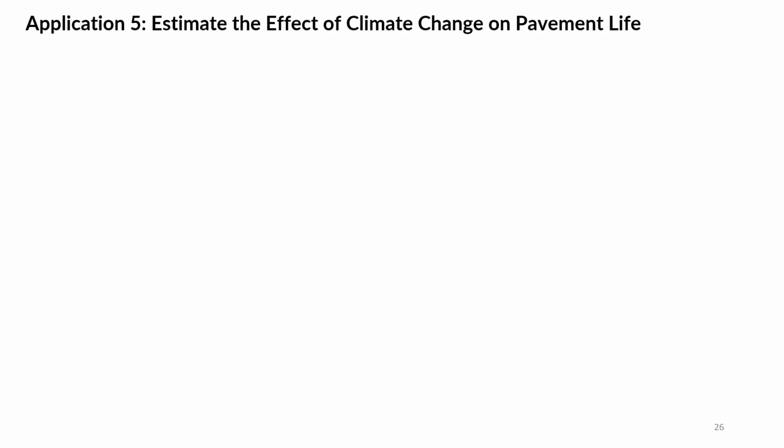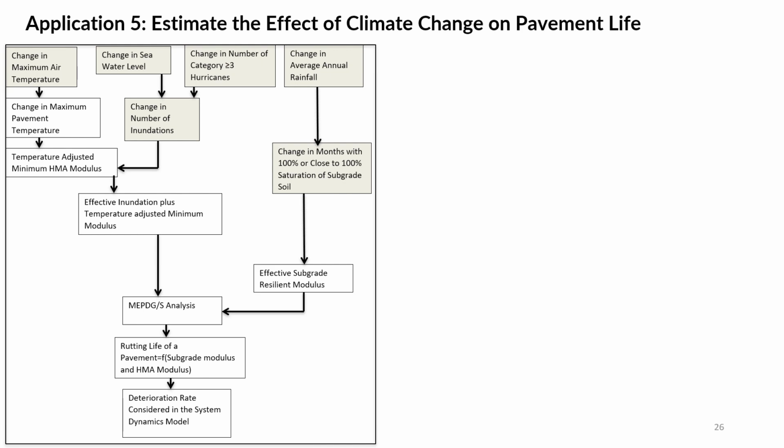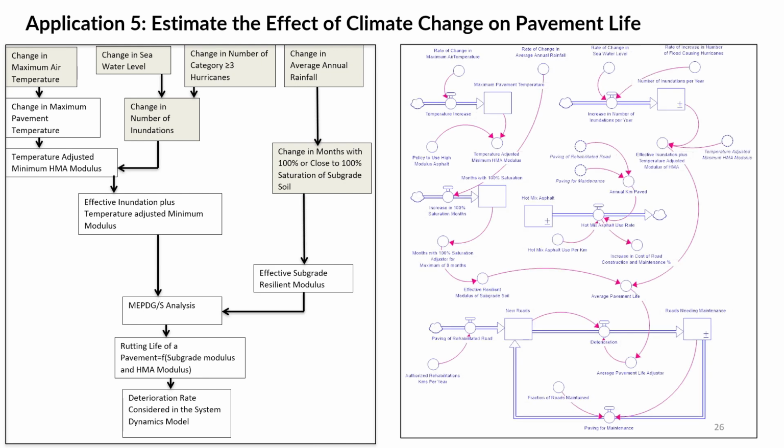Now, climate change has been talked over, and it's a very pertinent topic these days. How does it affect infrastructure components, particularly pavement life? So if we can predict with some confidence, of course, with some standard deviations and variabilities, what is the change in maximum air temperature for your project location?